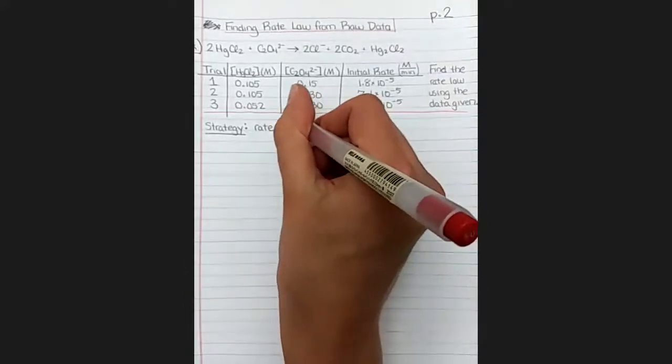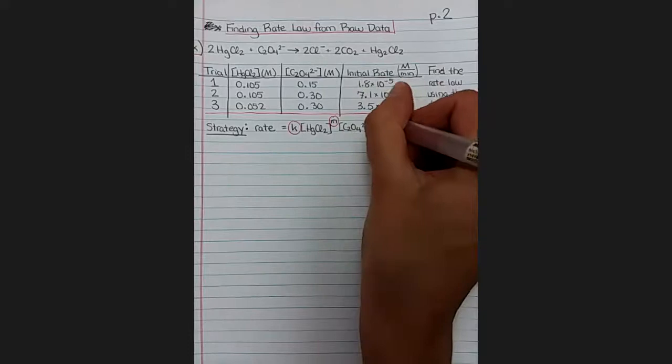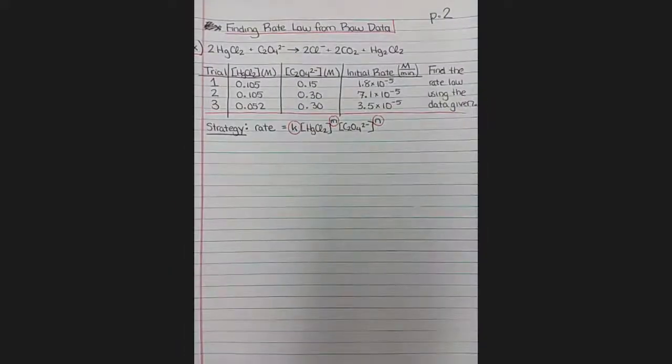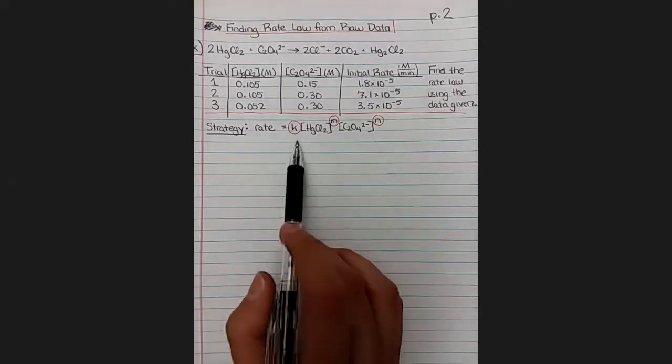And we know from our previous page that we need to find the rate constant and each of the individual orders. So we have 3 different variables to find.